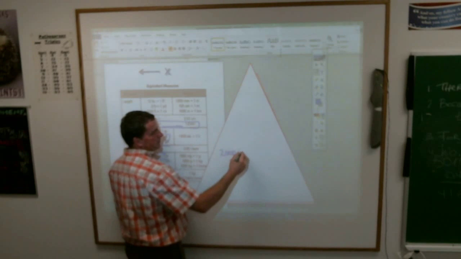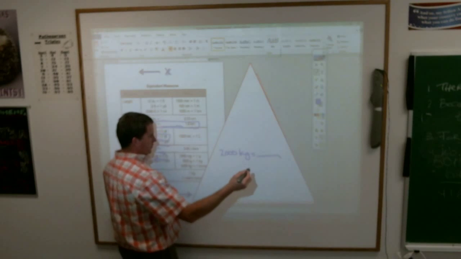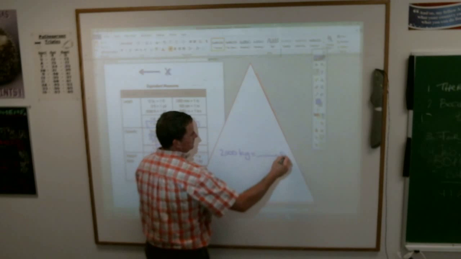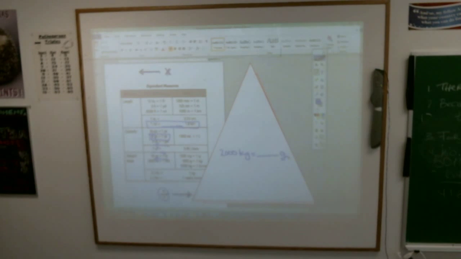2,000 kilograms equals how many grams? Tell me what the answer to that would be.